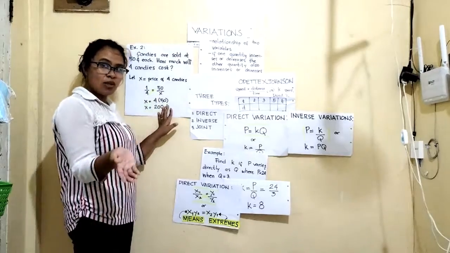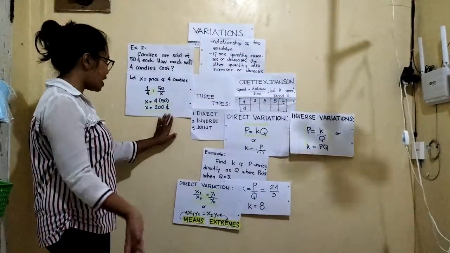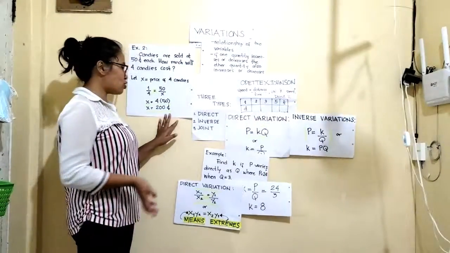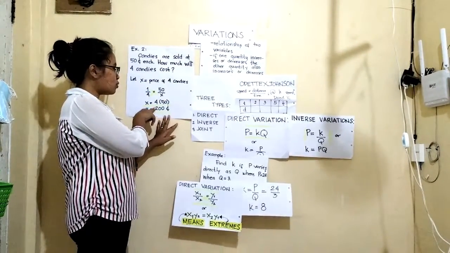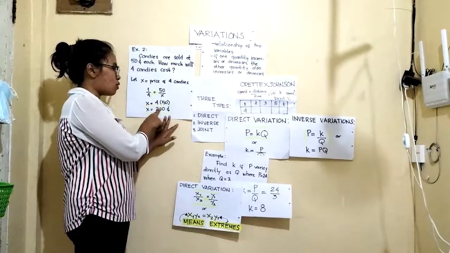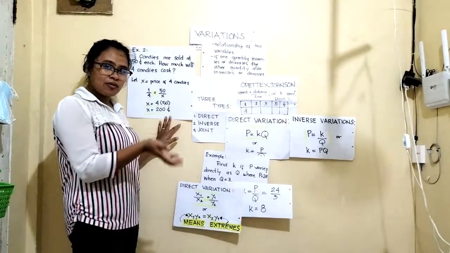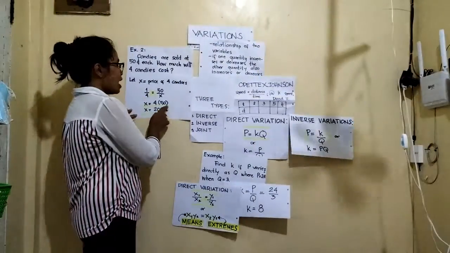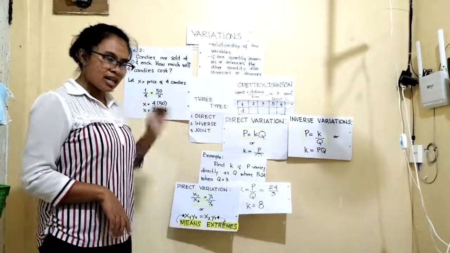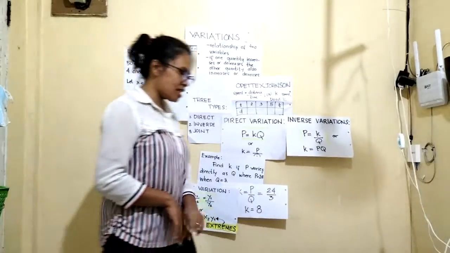This is what we are looking for, the variable X. So cross multiplication, we have X times 1 is equal to X, which is equal to 4 times 50. So, we multiply 4 by 50, we have 200 centavos. So, how much are we going to pay? 200 centavos for 4 candies. That is how we apply this direct variation.